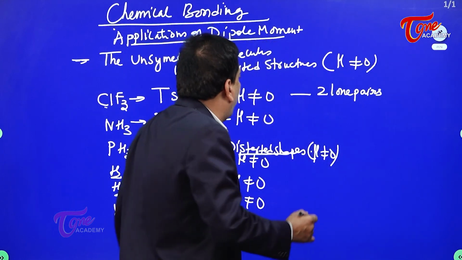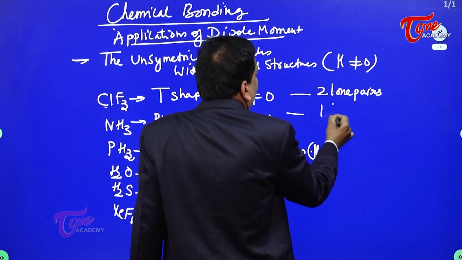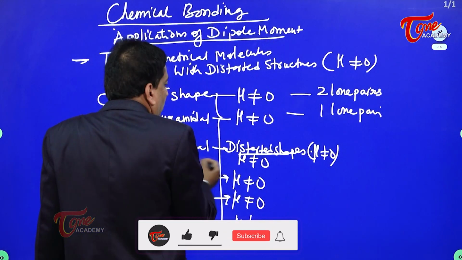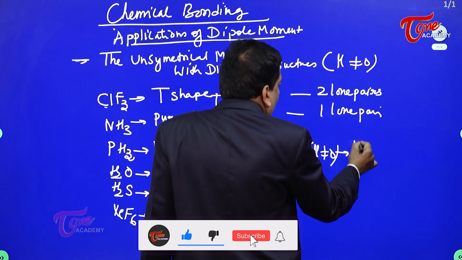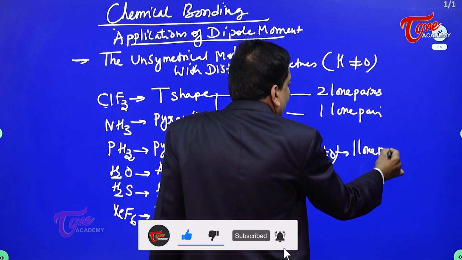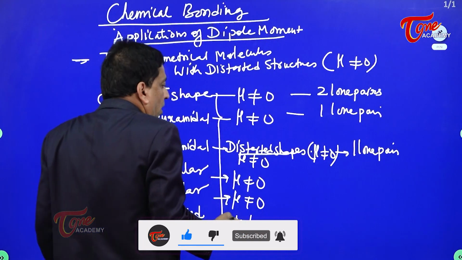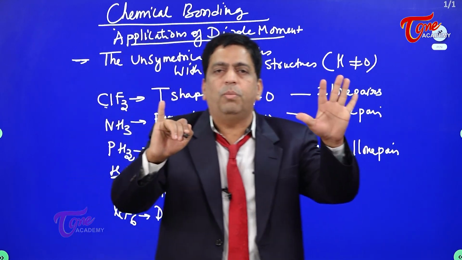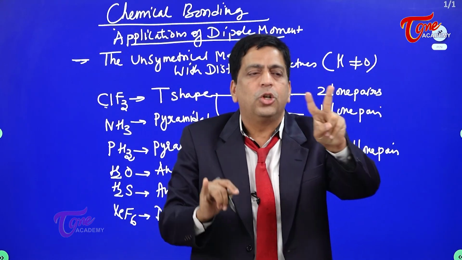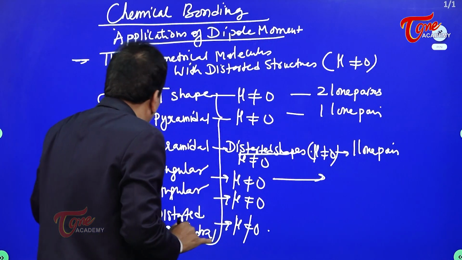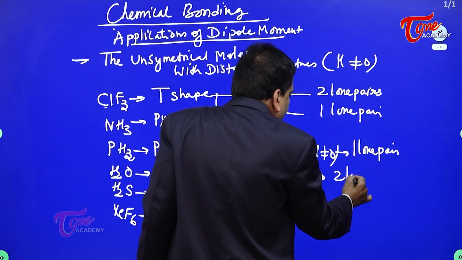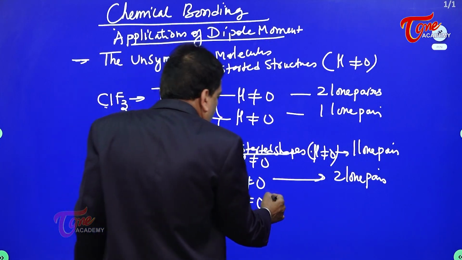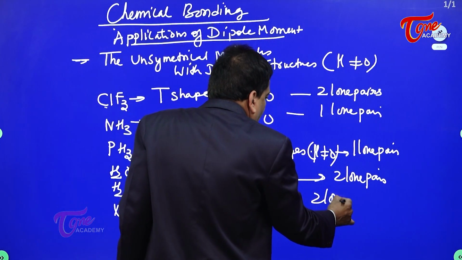So you have 1 lone pair. Similarly, PH3 will be having 1 lone pair. Oxygen belongs to 6th group. So you have 6, 2 you invested. So you have 2 lone pairs. And you see in H2S, it has 2 lone pairs.